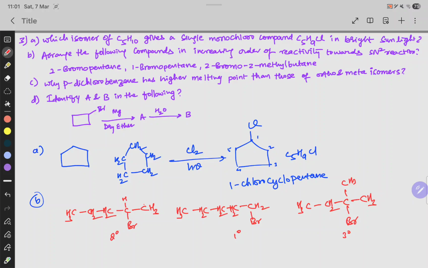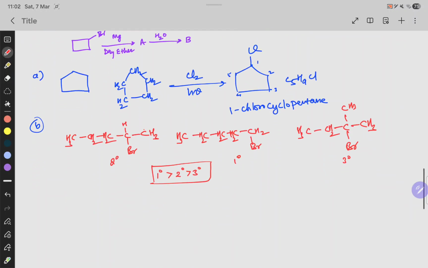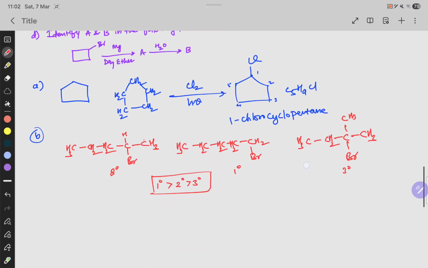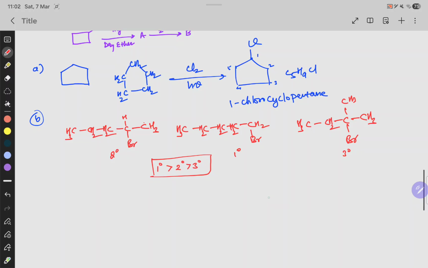According to SN2, it goes through a transition state and we get 100% inversion products. So inversion with less steric hindrance. The less steric hindrance will be 1 degree, then 2 degree, then 3 degree. If you write the order, in the question they asked increasing order of reactivity, so the highest will be 1 degree.